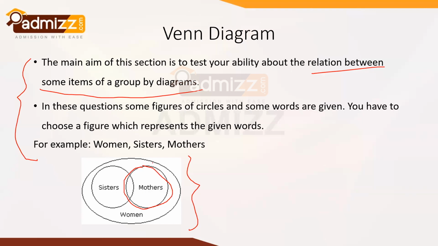This particular circle represents mothers. The other one represents sisters. Now notice how they overlap. They overlap because mothers can be sisters as well.